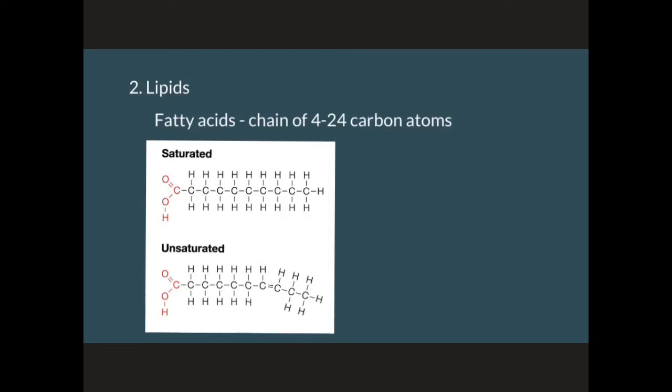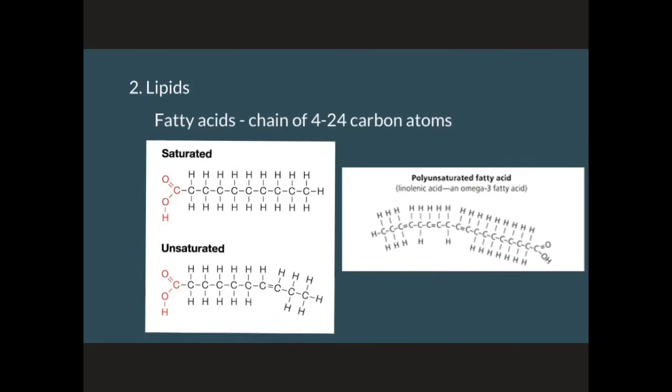So this is the difference between a saturated fatty acid, all saturated with hydrogens, and an unsaturated fatty acid, which can have one or more of these double carbon to carbon bonds. And a polyunsaturated fatty acid just has many of these carbon to carbon double bonds, as you see here.